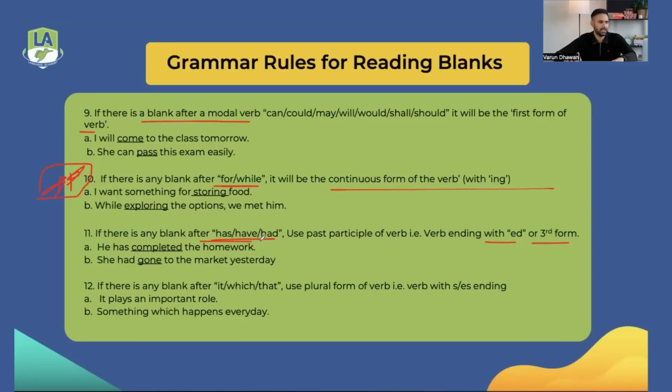If there's any blank after it, which, that, this is super important, and I use this many times in the test, use the s form of the verb, meaning the verb will end with s. It plays, it helps, which relates. So with it, which, that, you'll have a verb which ends with s.